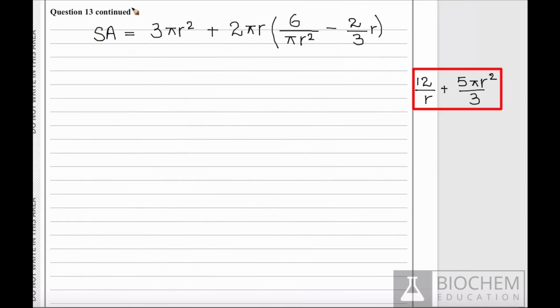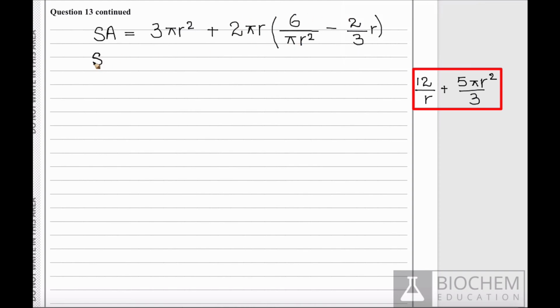Now we have to solve this equation and prove that this ends up being this, which is what is shown in part A, to be the total surface area of figure 9. We can start by multiplying 2 pi r with 6 over pi r square and 2 pi r with 2 over 3 r.